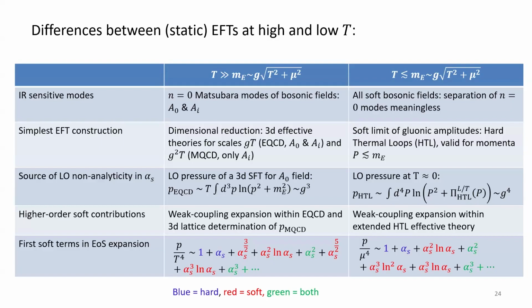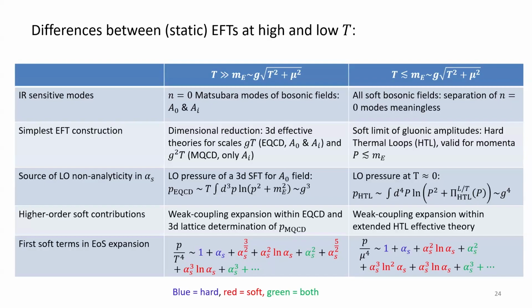At high chemical potential and zero temperature, you have a slightly simpler looking weak coupling expansion where the first non-analytic term in alpha_s appears at order alpha_s squared log alpha_s. Then you have a double logarithm at alpha_s cubed order, unlike in the case of high temperatures, and this is something that has to do with the properties of the hard thermal loop effective theory.